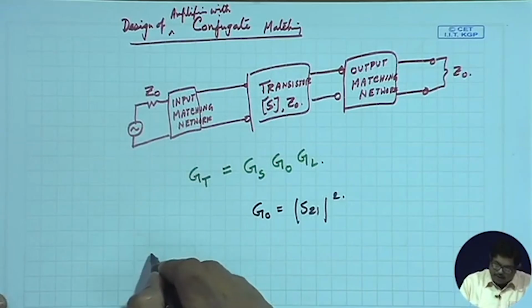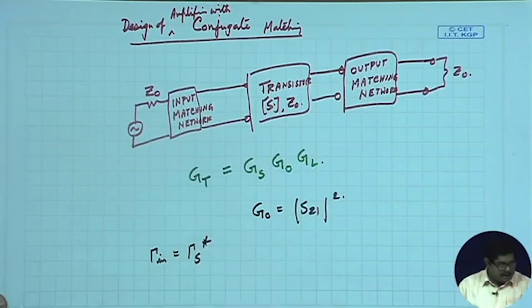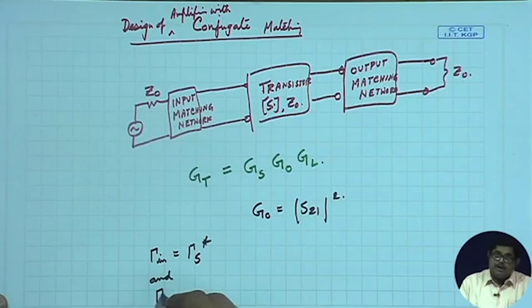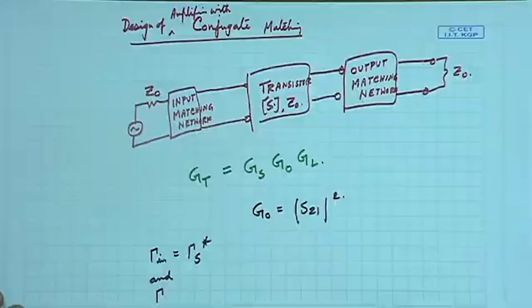Now, what is conjugate matching? That time we saw that gamma in is nothing but gamma S star, and simultaneously, because in general for any transistor, unless we make the unilateral assumption, for a bilateral transistor S12 and S21 are different values.